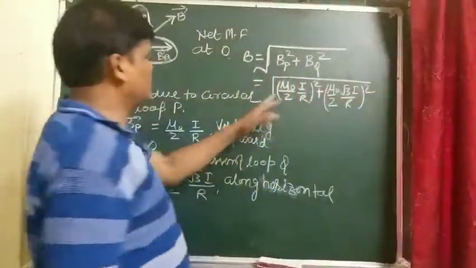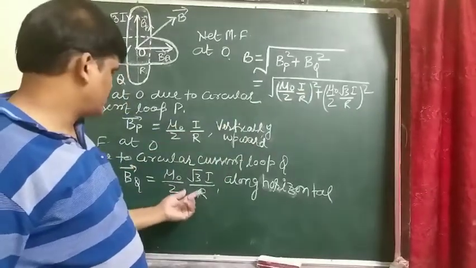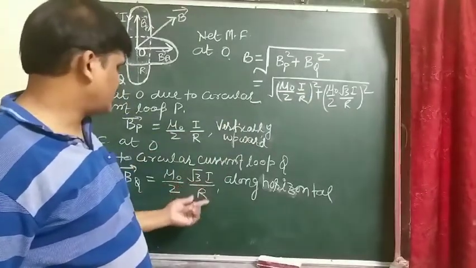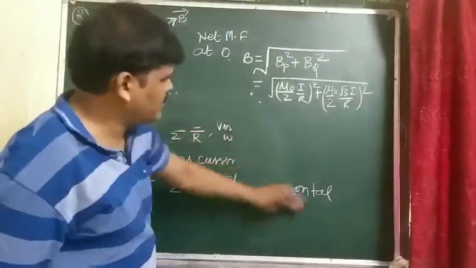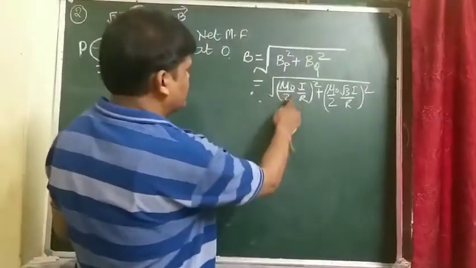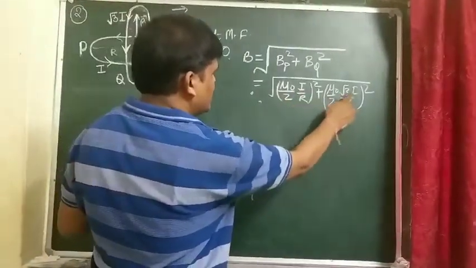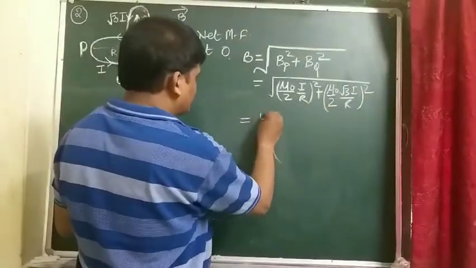Taking the common factor, mu naught by 2 I by R, outside.